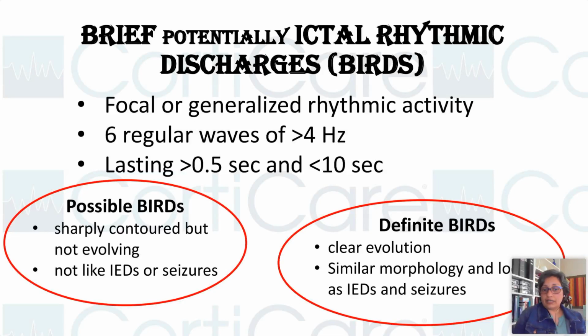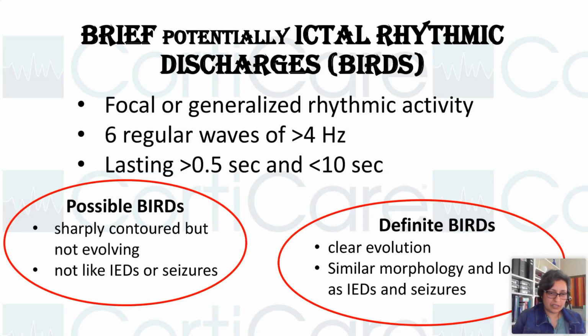They are definite if you see clear evolution, but they do not go above 10 seconds. As soon as they go above 10 seconds, you know that it is an event. And they have similar morphology to the epileptiform discharges and the events the patient was having. Possible is they do not look like epileptiform discharges. They are just sharply contoured and not evolving.